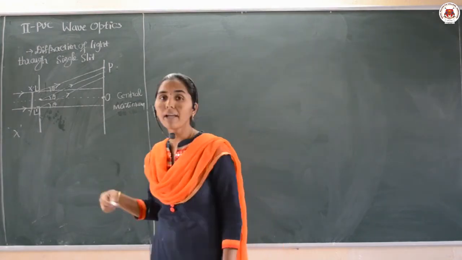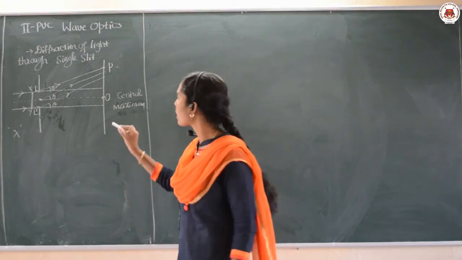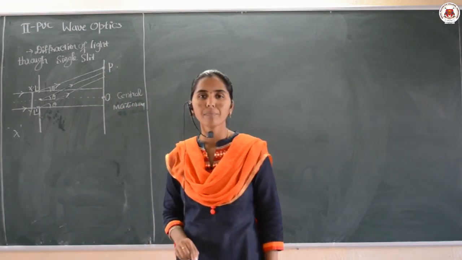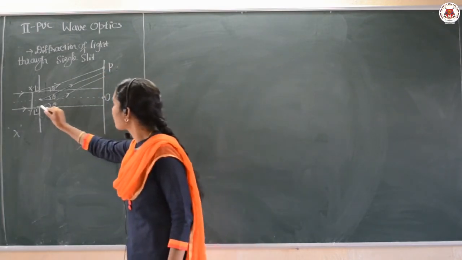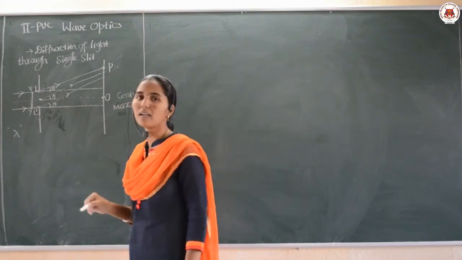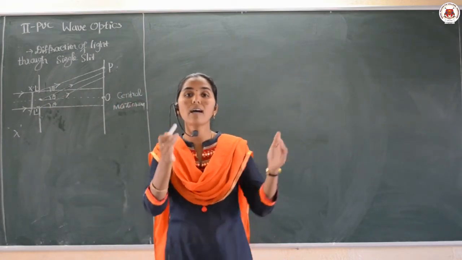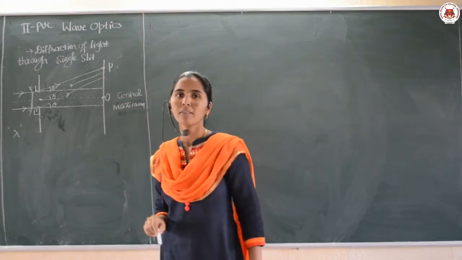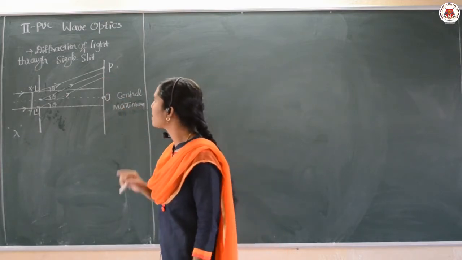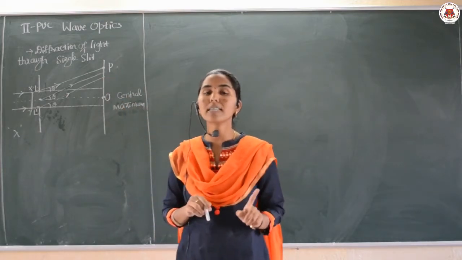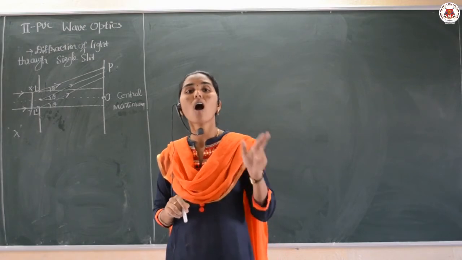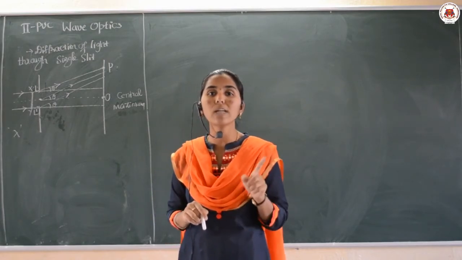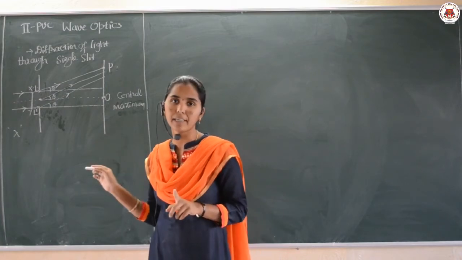Then now my aim is to calculate what fringe is formed at the point P here. Yes, the waves are diffracted around the edges here, and those diffracted waves superimpose on each other and reach the point P here, isn't it? So now my aim is to calculate how much is the phase difference or how much is the path difference between the secondary waves which are reaching the point P here.